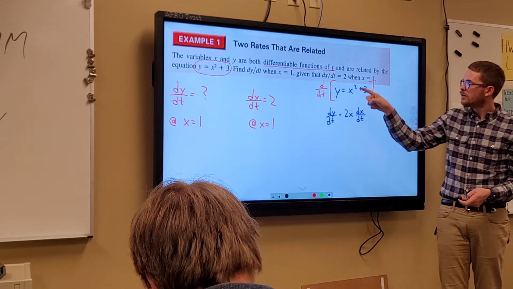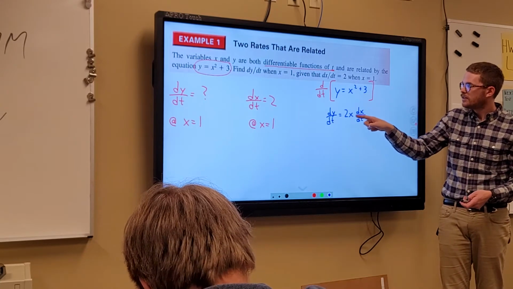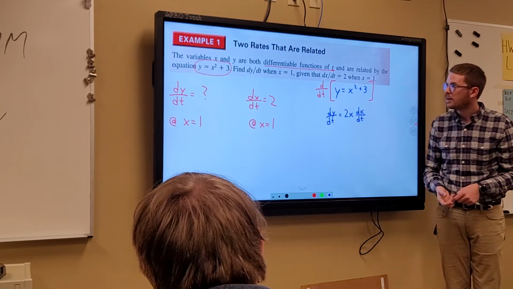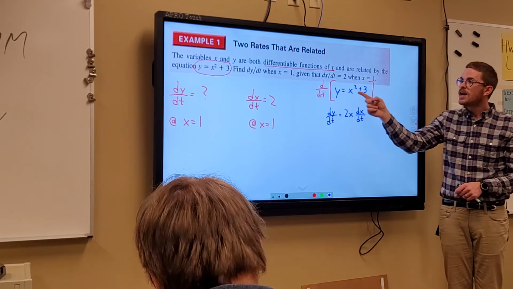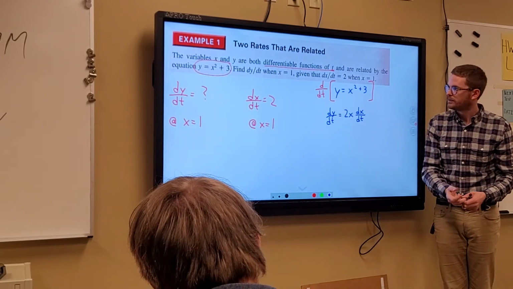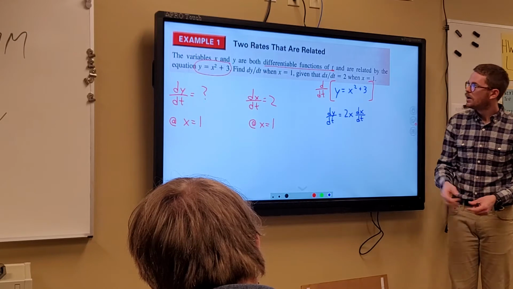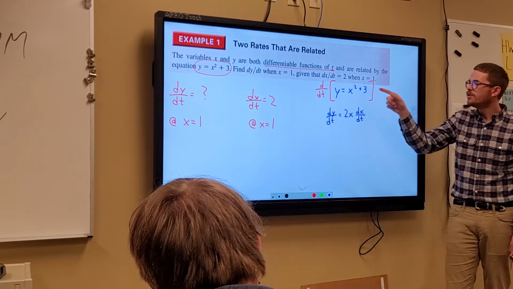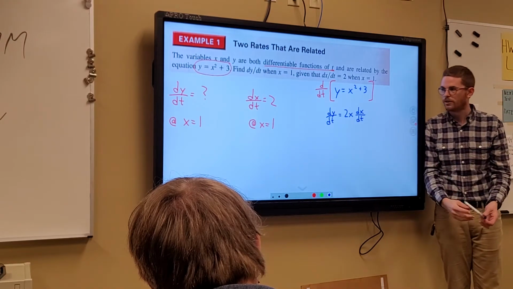Again, notice for the outside, leaving the inside the same, and then I multiply by the derivative of the inside. Even though it's x, I'm not taking the derivative with respect to x. Finally, the derivative of a constant, doesn't matter what variable, the derivative of a constant is 0, so that is gone.